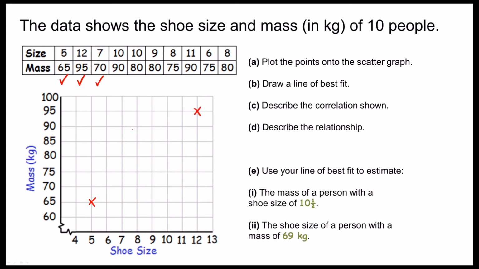We've then got 7 and 70, 10 and 90, 10 and 80, 9 and 80, 8 and 75, 11 and 90, 6 and 75, and lastly 8 and 80. So that is all of the points plotted onto our scatter graph.